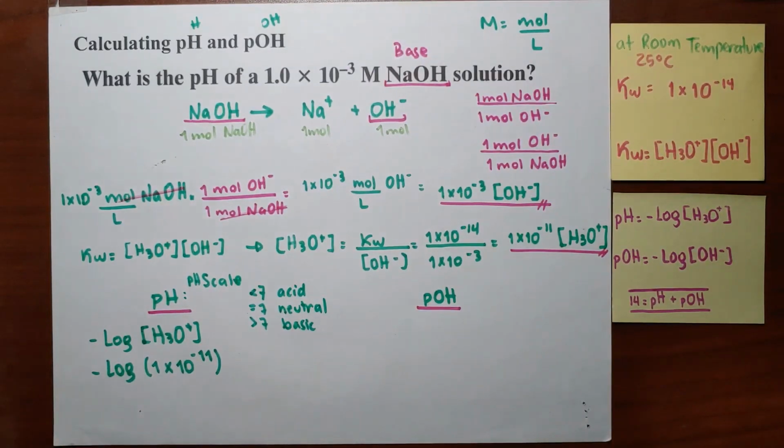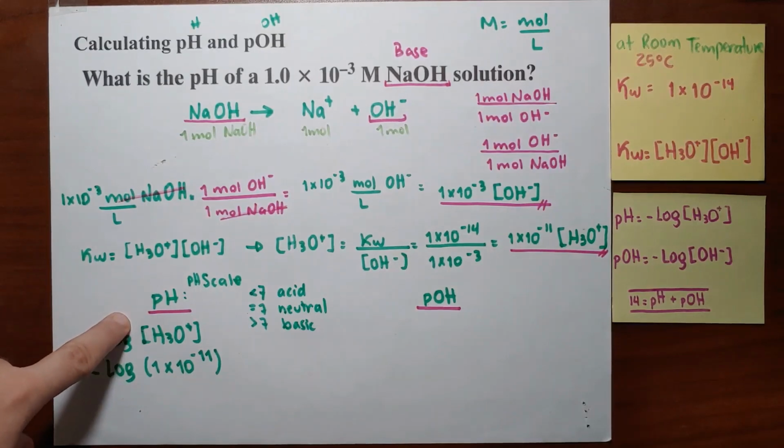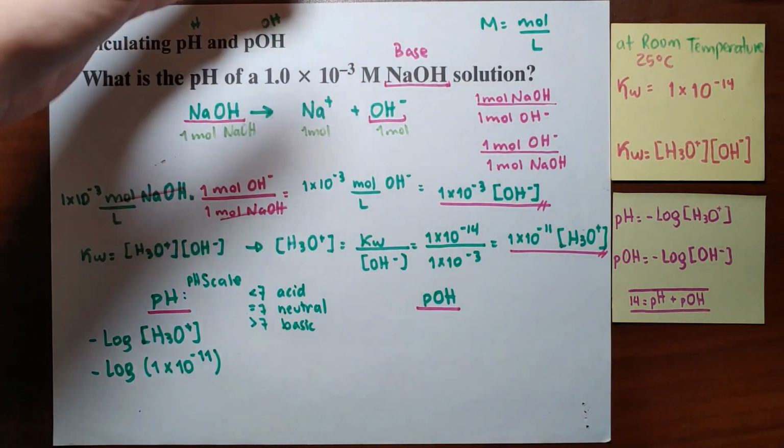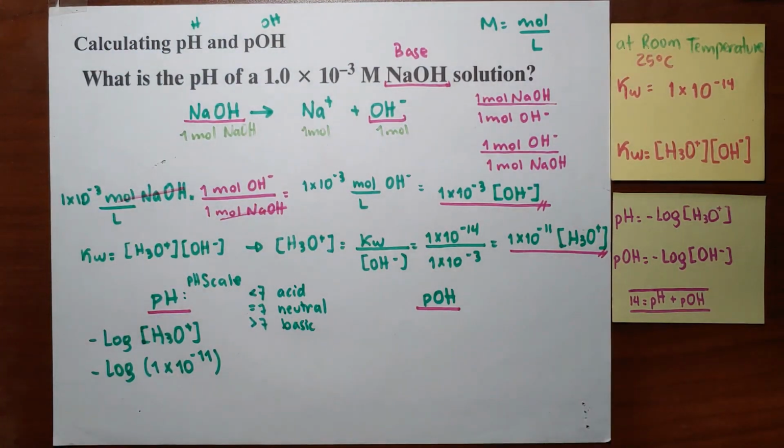So what tells you about the acidity of a substance is actually the pH. By knowing this, we're going to know if our solution is basic or acidic.